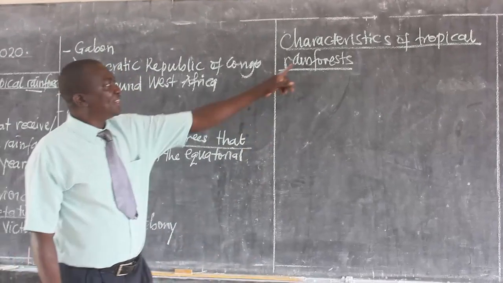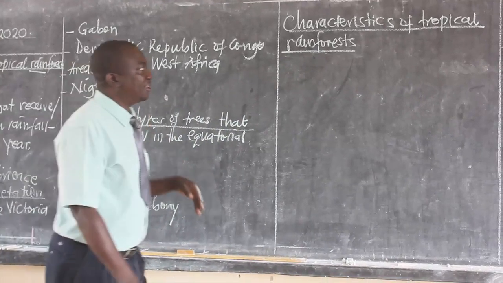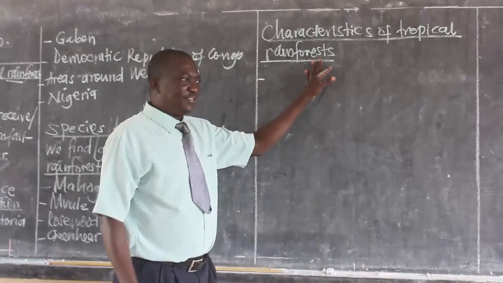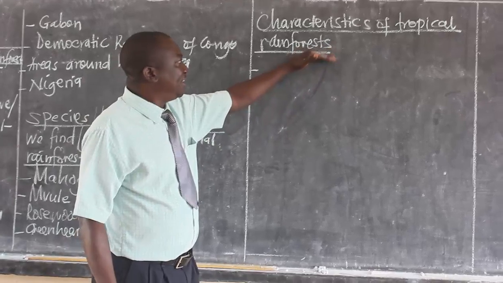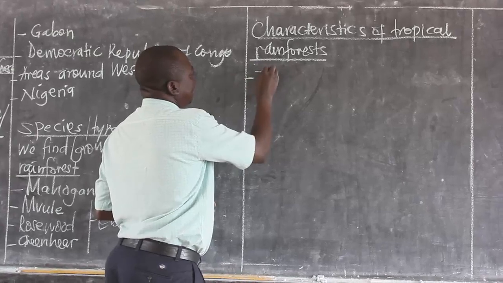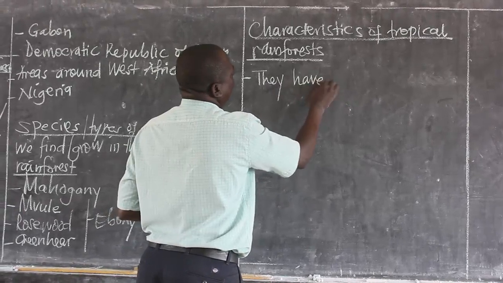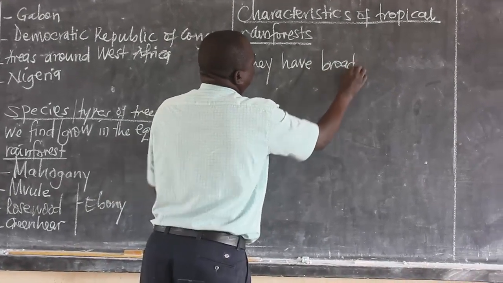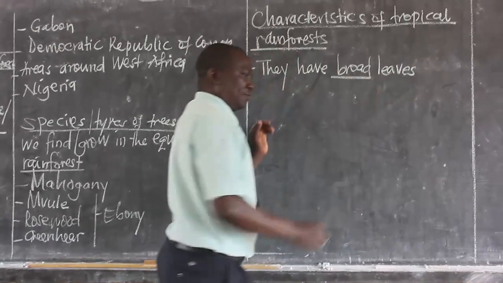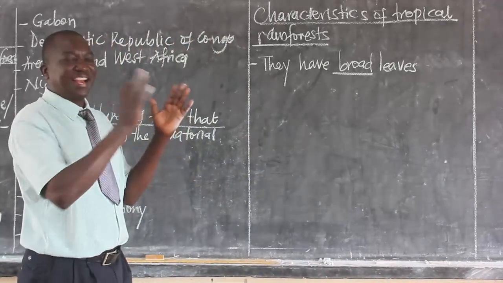One, what makes the tropical rainforest different from the rest of the vegetation zones is that when you look at the trees that are growing within this tropical rainforest, we are saying that they, one, have broad leaves. Why are we talking about the word broad? We can look at leaves that are big or wide or they are large.